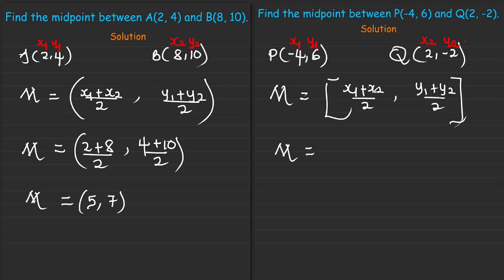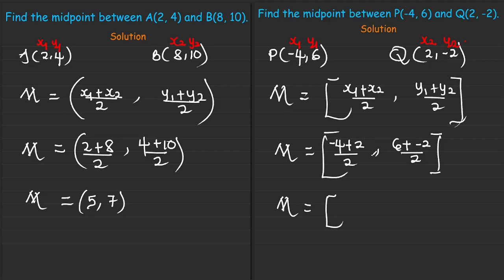So our M is equal to x1, which is -4, plus x2, which is 2, all over 2. Then for the y's, we have 6 plus -2. You see, even though we are doing the same thing, you'd have to take a critical look and pay attention when you have the negatives.